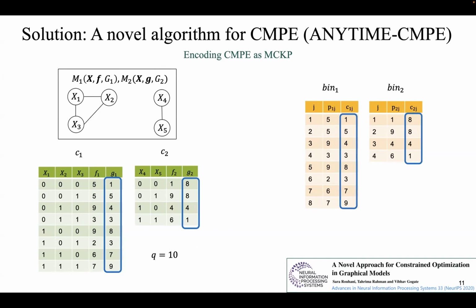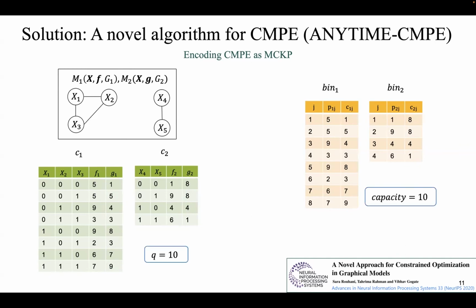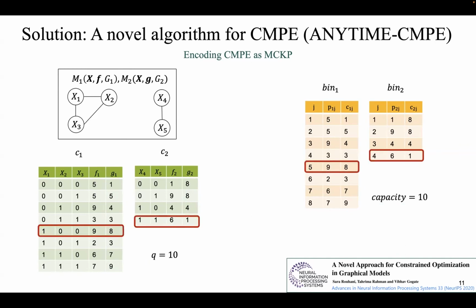And what I want to stress is that the main virtue of this MCKP encoding, where we take a CMPE task and model it as an MCKP task, is that we can solve CMPE using MCKP algorithms and utilize 30 plus years' worth of research in the operations research community and also in the optimization community to solve CMPE.